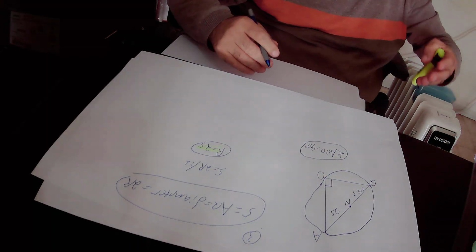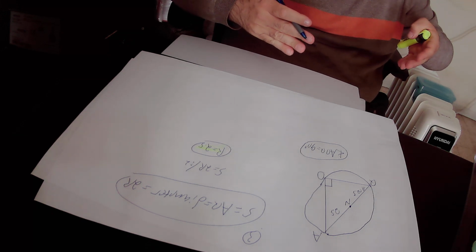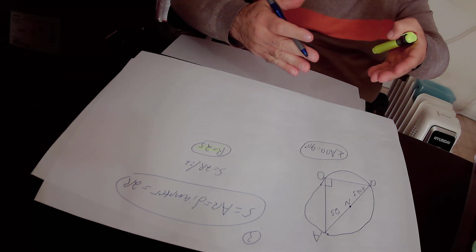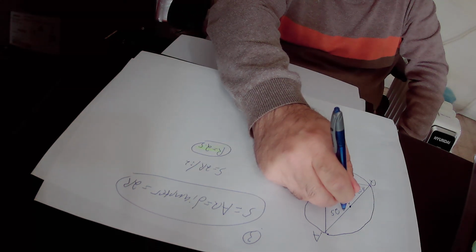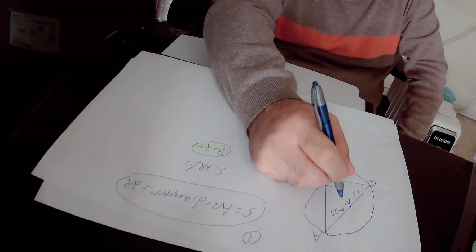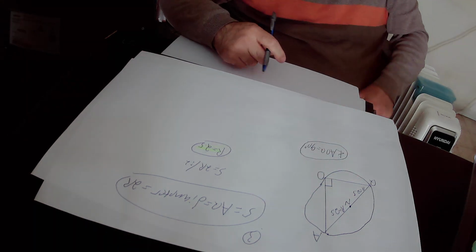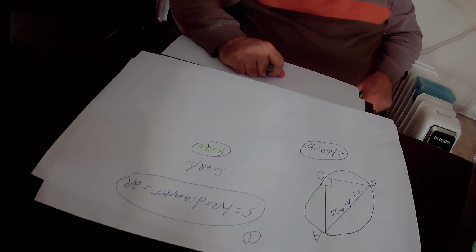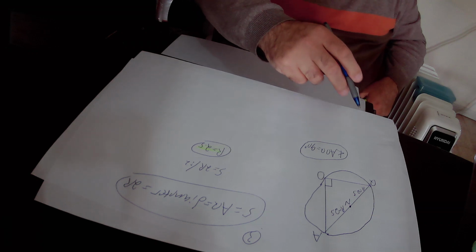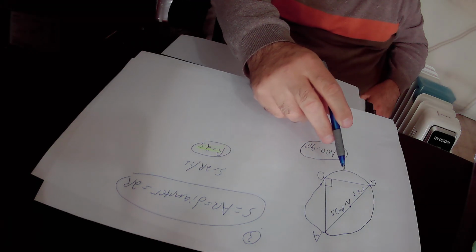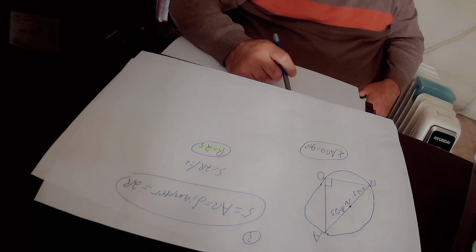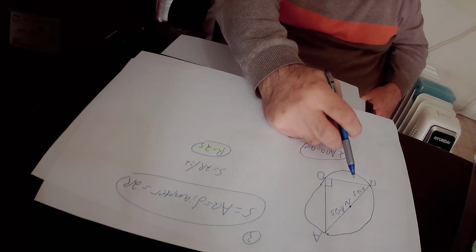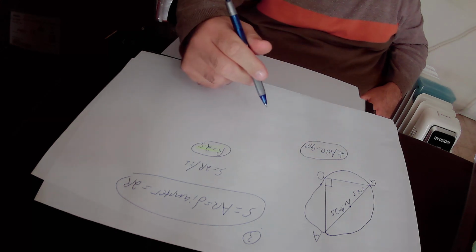Likewise, NA that is located on the diameter of the circle and is equal to 2.5 must be the radius of the circle. So we have on the diameter of the circle 2 radii, and therefore the intersection point of those 2 radii must be the center of the circle.